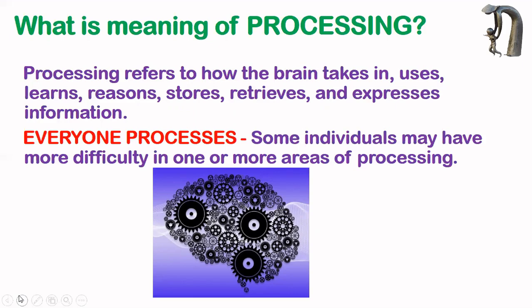Without processing, functioning will not occur. The functioning of the child, the adult, or any other creature will not work at all. So processing is very, very important. That's what you need to understand in the context of learning disability.